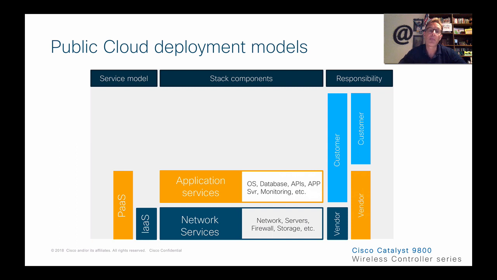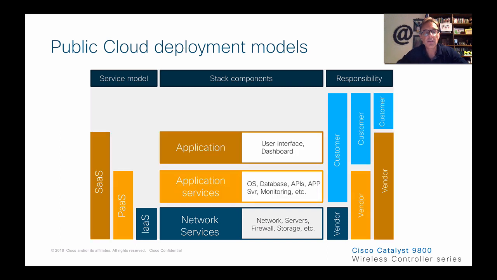Another model is called platform as a service. In this model, the cloud provider adds additional services like database, operating systems, APIs, monitoring services. And finally, the other model that is available in the public cloud is the software as a service. In this case, the cloud provider is responsible for the whole stack, from the application down to the networking piece.